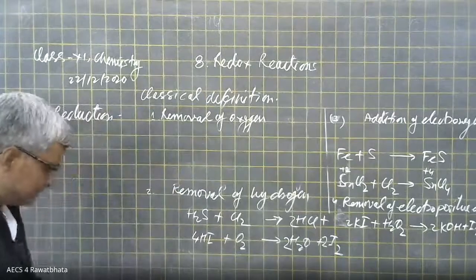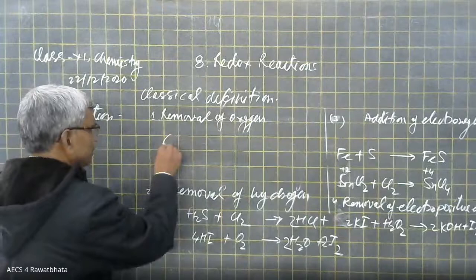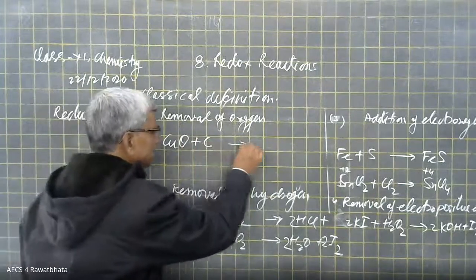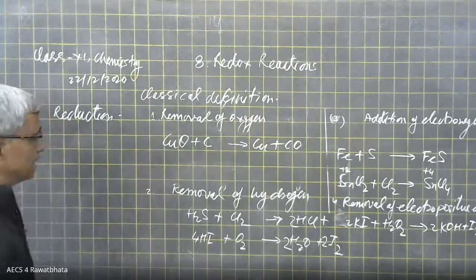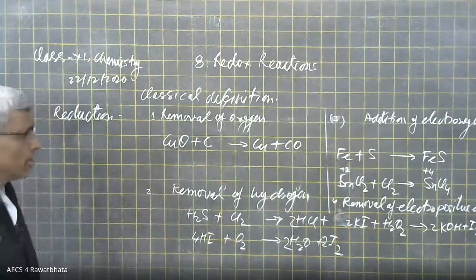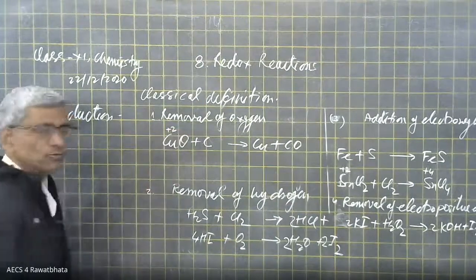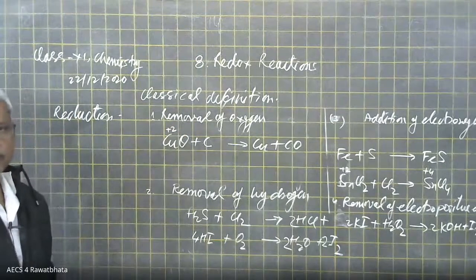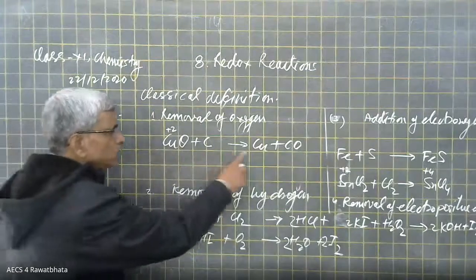The example is CuO plus C gives Cu plus CO. This oxygen is being removed from copper oxide. This is called copper(II) oxide. Copper oxidation state is +2. Copper(II) oxide, cupric oxide, is going to change into copper.